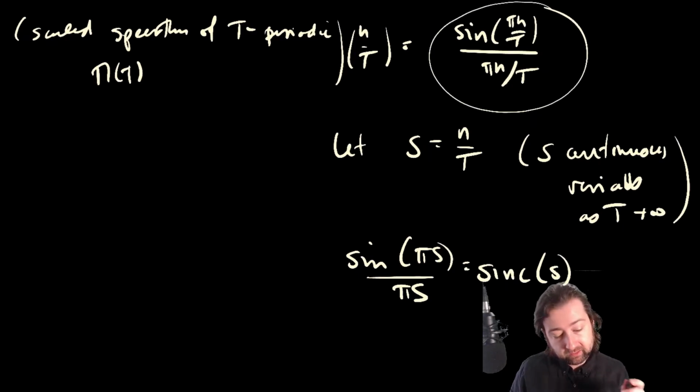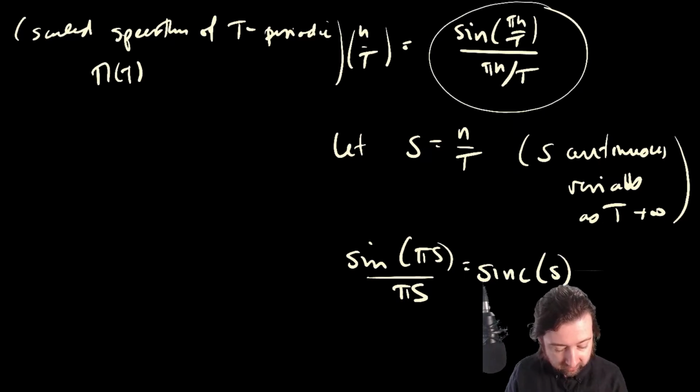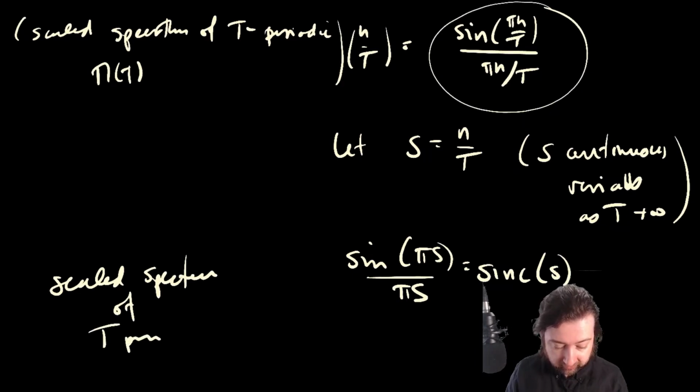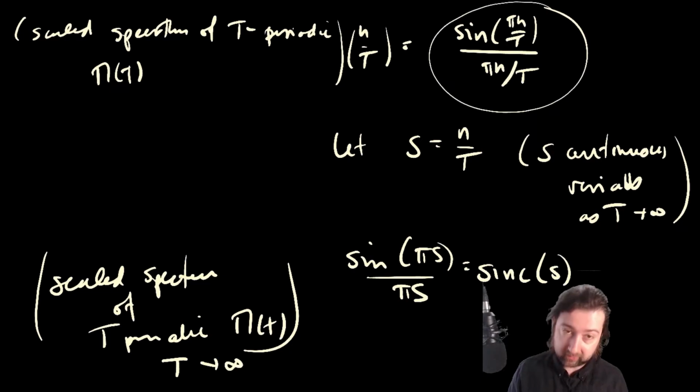So what we're hoping is that maybe this process that we did here, where we started with a function and we ended up with this continuous version of the function at the end, right? That this thing right here is what we're hoping is the scaled spectrum of the T periodic rectangle function after we let T go to infinity.